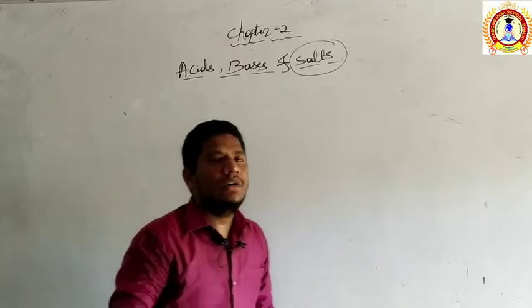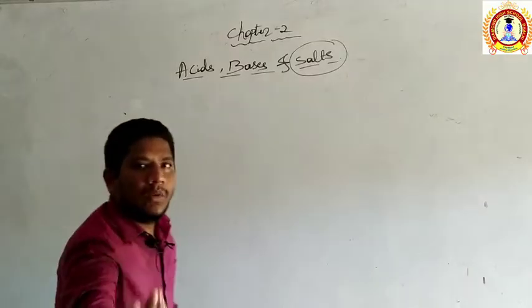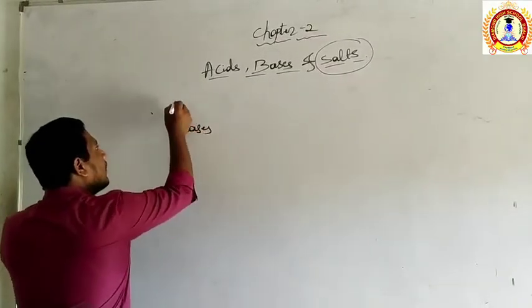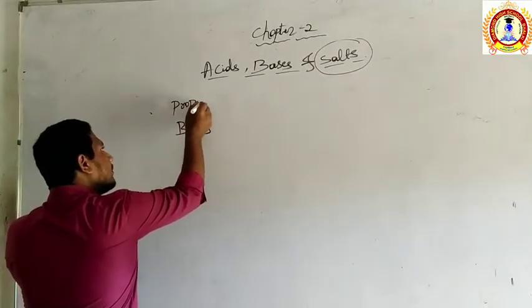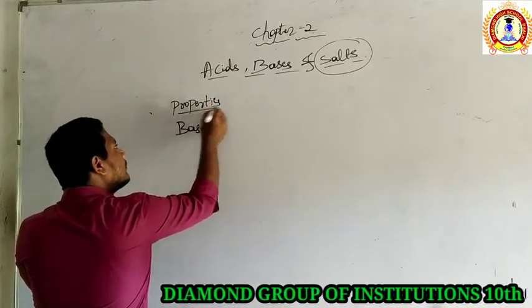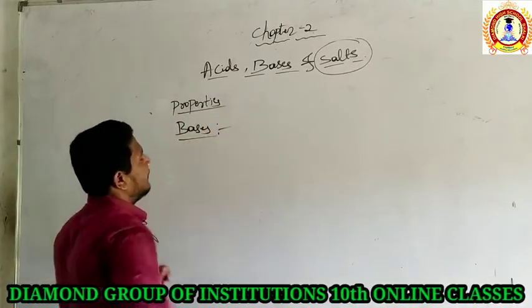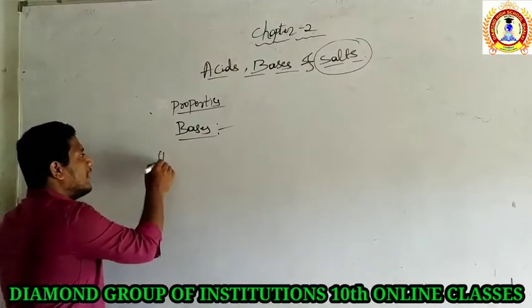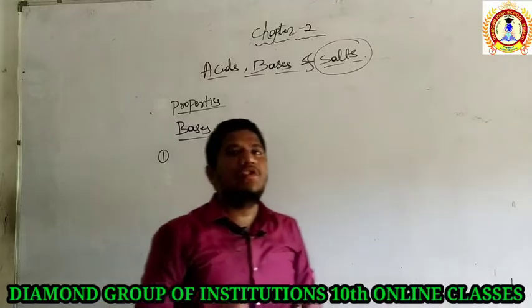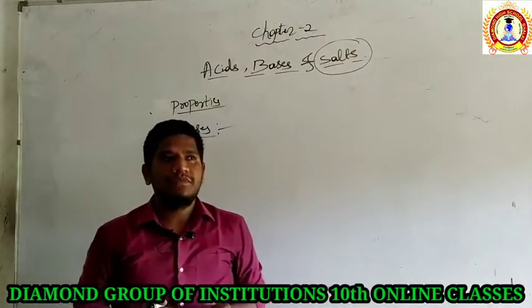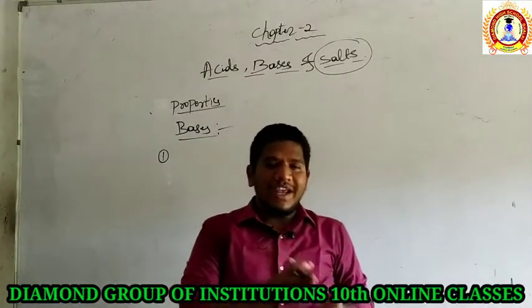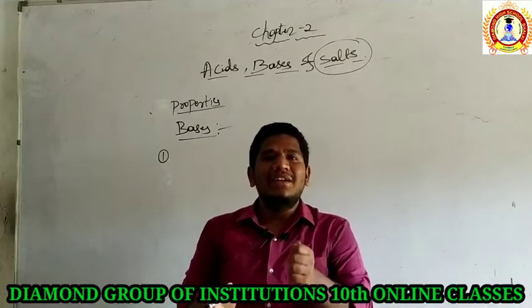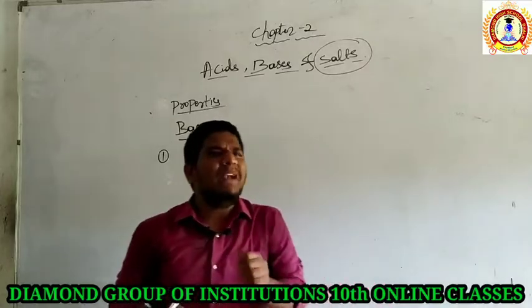So we have discussed the acids and their properties. Now we are going to discuss what the bases are, the properties of bases. The first property of the base: have you ever tasted soap in your life? If you taste soap, you have observed that it is bitter to taste.